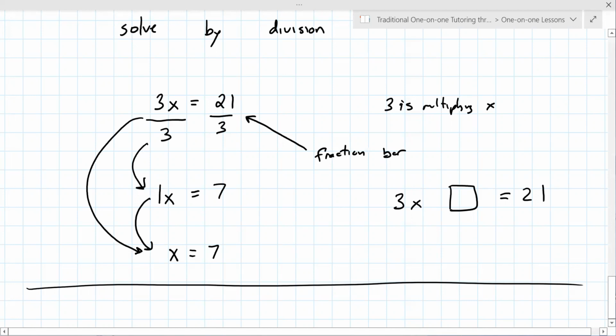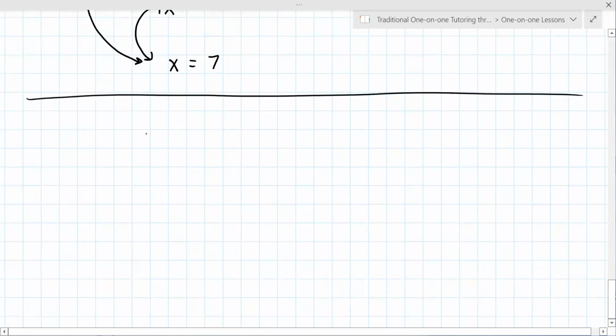Okay. All right, so let's look at another problem here. Let's say 63. I'm sorry, not 63. Forgive me. Undo that. Let's go 45 equals 9x. Your attention should always be on the side with the variable. So you can see that 9 is multiplying x.